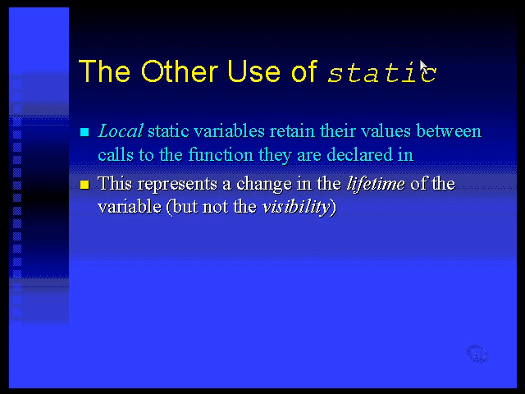In fact, the lifetime of the variable has changed such that it is now the same as the lifetime of any global variable or any global static variable. In other words, the entire duration of the program. Now what that means is that local static variables are actually created in the static area of memory at the time that the program begins, and they have a lifetime through the entire program.